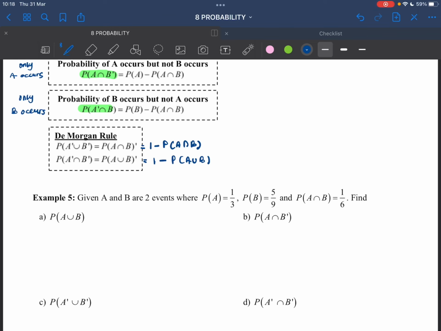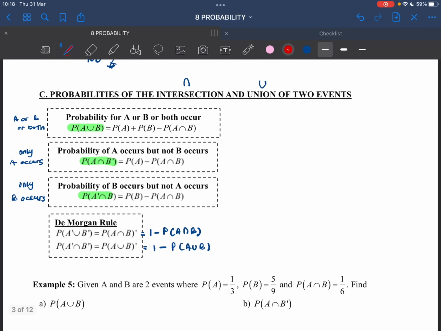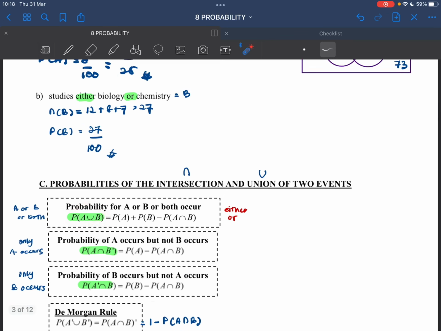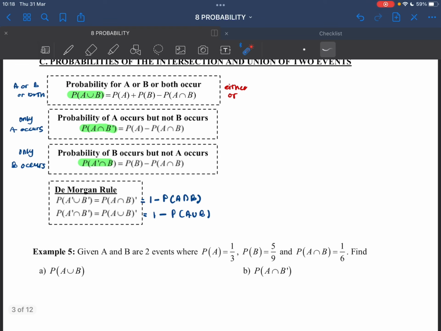Sometimes in the question, if it says either or, that will be P(A union B), as explained earlier. If the question says only A, it is P(A intersect B prime). If the question says only B, it is P(A prime intersect B).